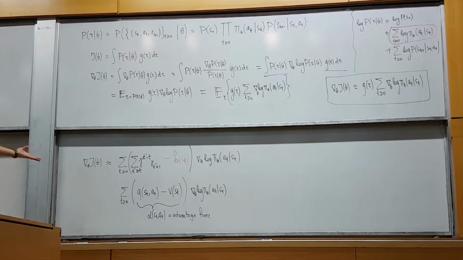The problem is that I don't know the value function, right? If I knew the value function, I could immediately derive the policy, as we did with Q learning. So what could I do?